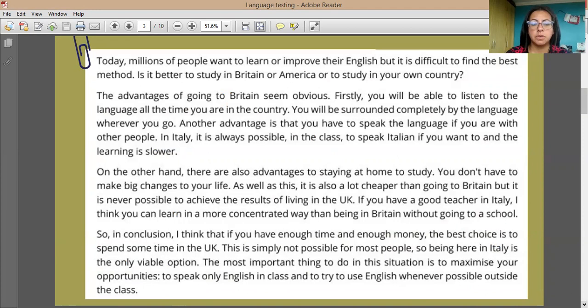So the conclusion of the text, after giving the different advantages and the reasons, is that if you have enough time and enough money, the best choice is to spend some time in the UK. So it is a simple text, it is according to the level.